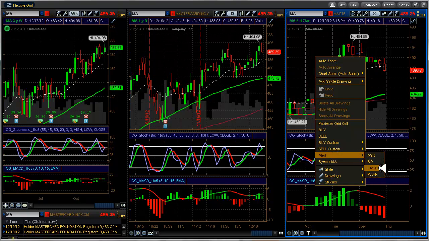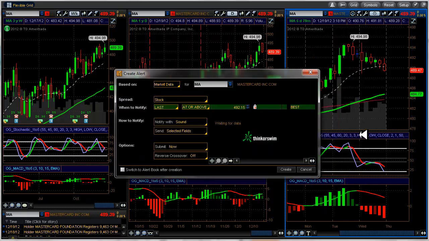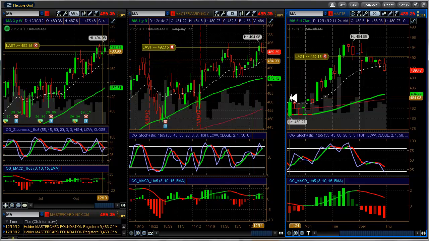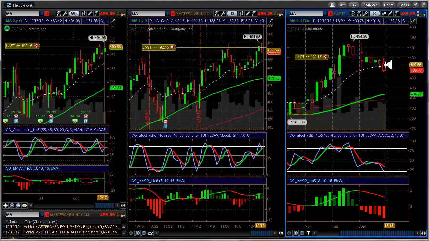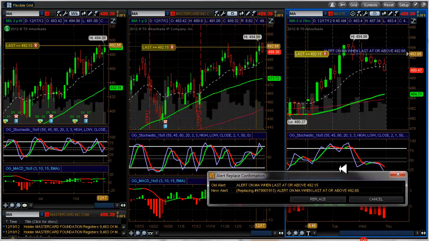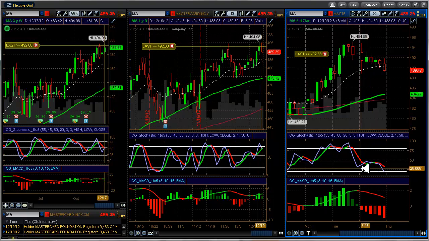I don't think I'm going to do anything per se, but I do want to put an alert on this. And I'm going to put it above the high of this bar. So if we move up, let's move it up a little bit more. So if we move up at the open today, it's going to ring my bell, so to speak.